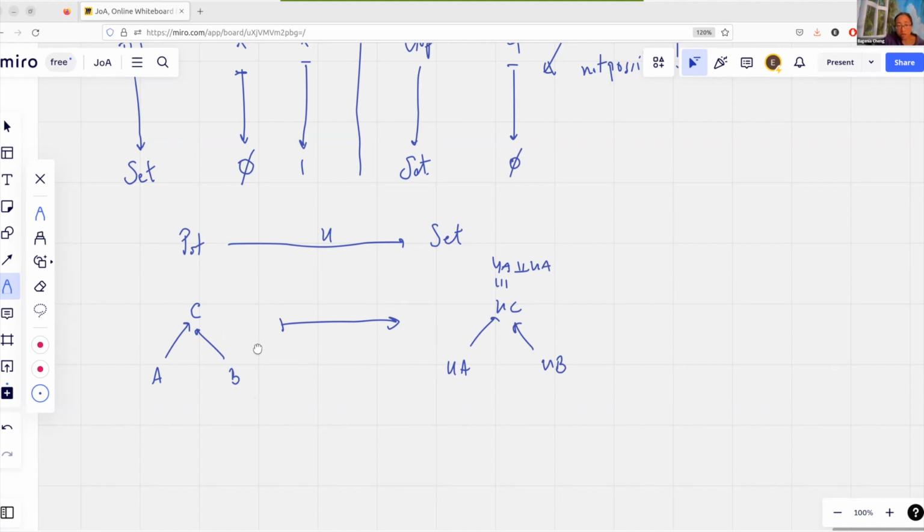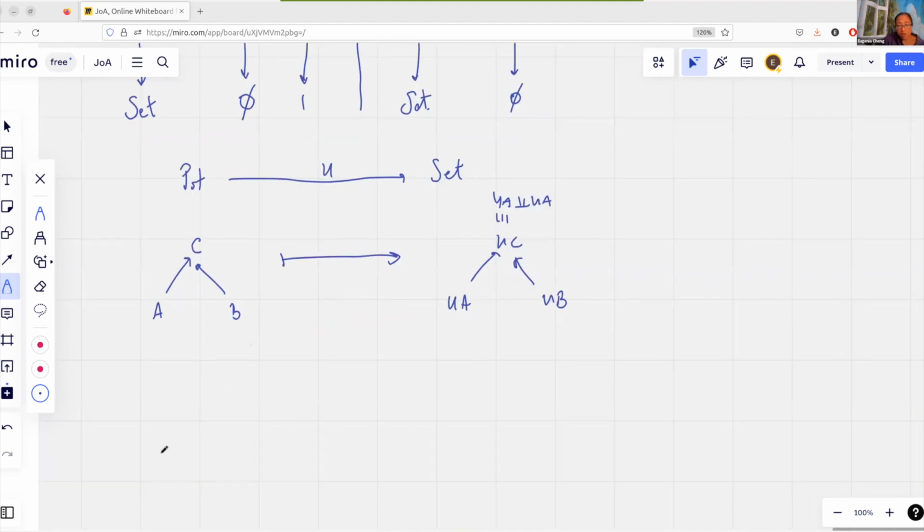And the answer is no, because, for example, you could have the one element poset A and the one element poset B. If you take the coproduct of those two one element posets, you should get a poset with two elements and no relationships between them.